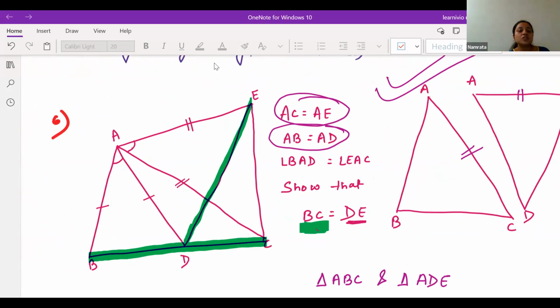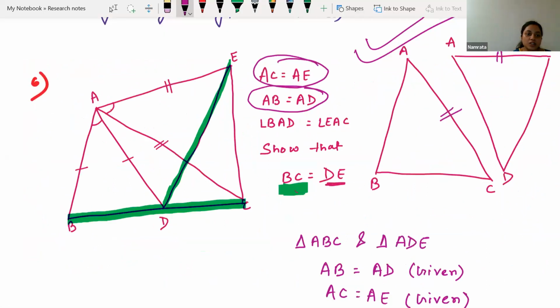Now let's get back to the original figure. In the original figure, this is the angle, the orange one. This is angle BAD, and that is angle EAC.